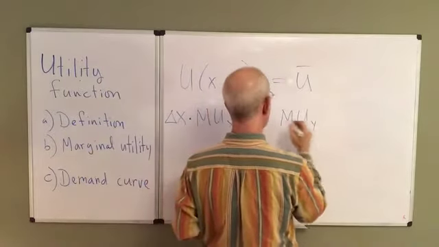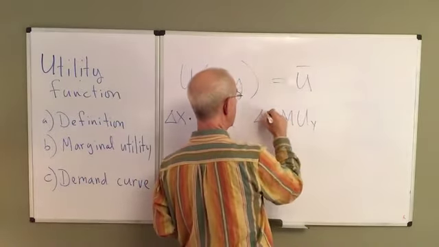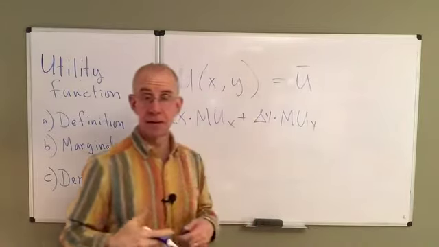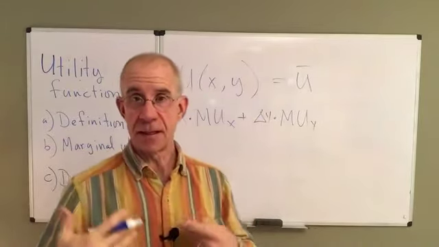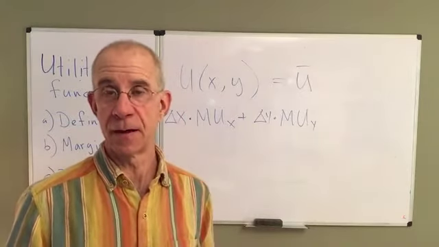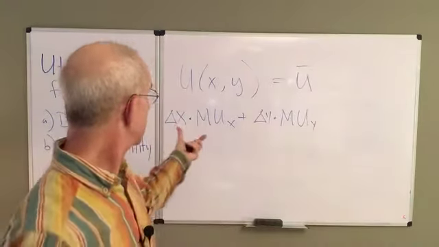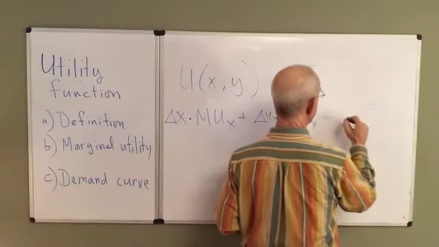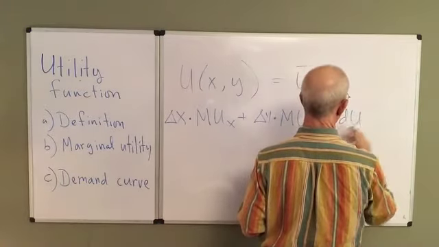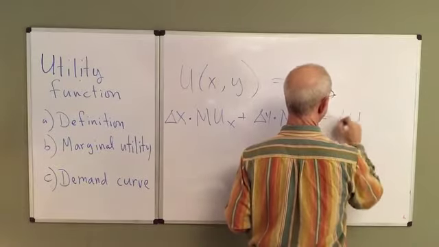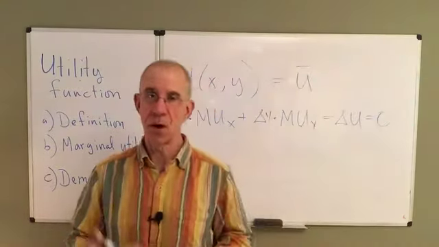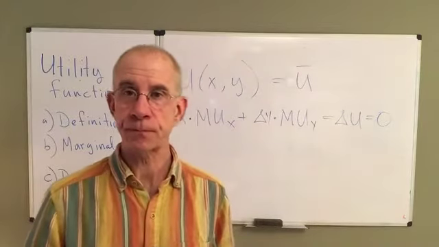We can get the same thing with the change in Y. You can then express the overall impact of changing consumption of good X and good Y along an indifference curve, which is equal to 0, and you get the marginal rate of substitution.